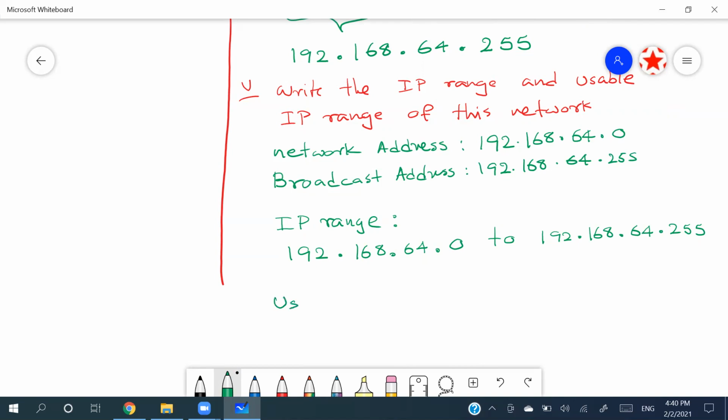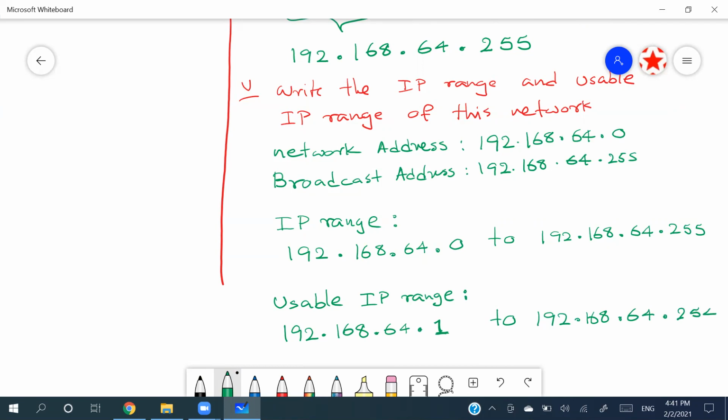So the usable IP range is 192.168.64.1, මොකද 0 වලට පස්සේ තියෙන අගය 1, to 192.168.64.254.